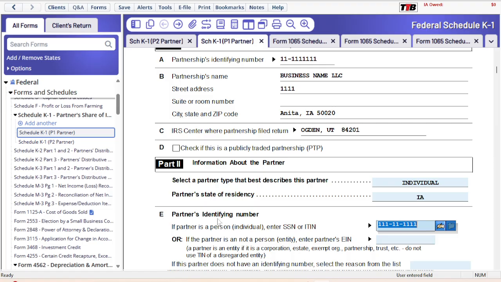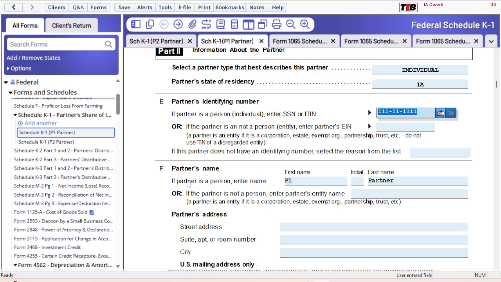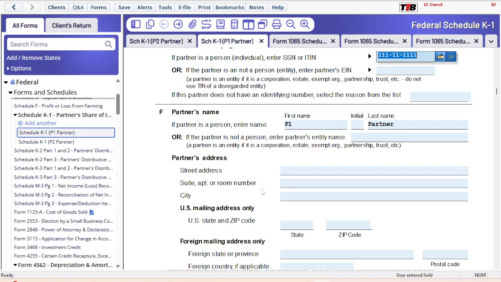The partner identity SSN will be put there automatically. The software did it for us. Line E, that's that. Line F is asking for that partner's name. You have the first name, you have the last name, and that partner's address is going to be, let's just go with the same one we have been using for the business.